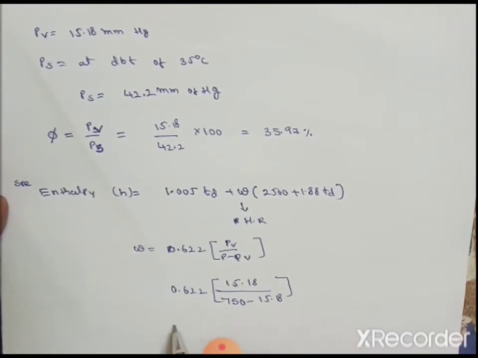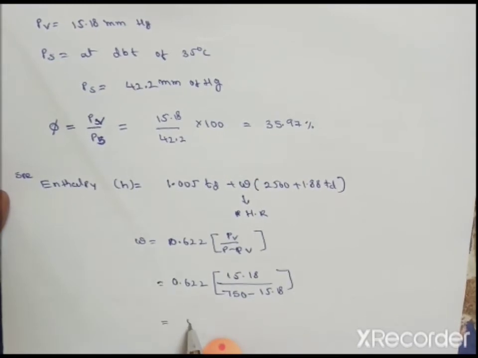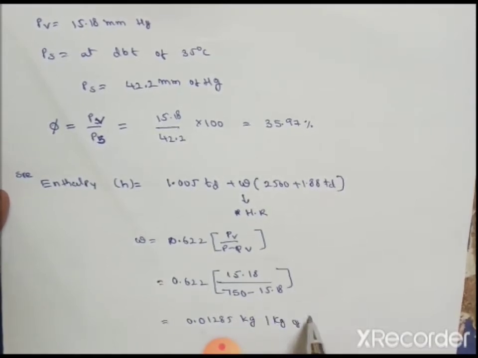From that we get the value, which is equal to 0.01285 kg per kg of dry air.